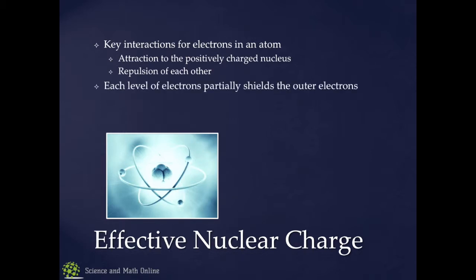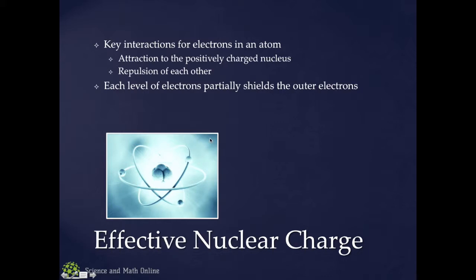So each level of electrons partially shields the outer electrons. So if you have 3 energy levels, the first 2 kind of get in the way and repel the outer group a little bit. And that third level just cannot feel the full pull of the nucleus. Kind of also makes sense that if I've got an electron orbiting here, it's closer in, and it's going to feel more of that pull than if I've got an electron way out here.